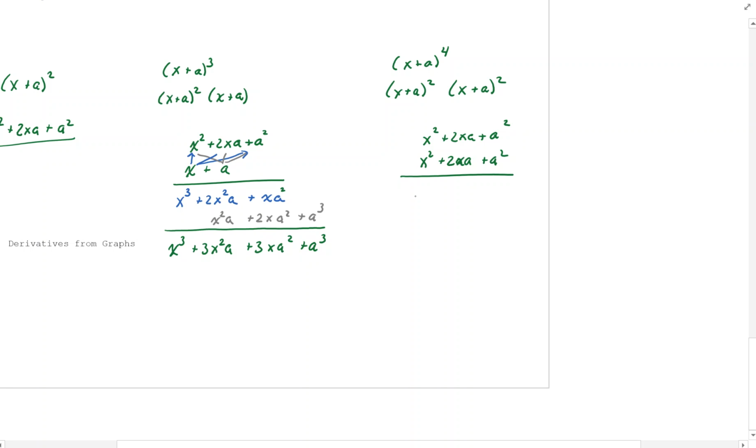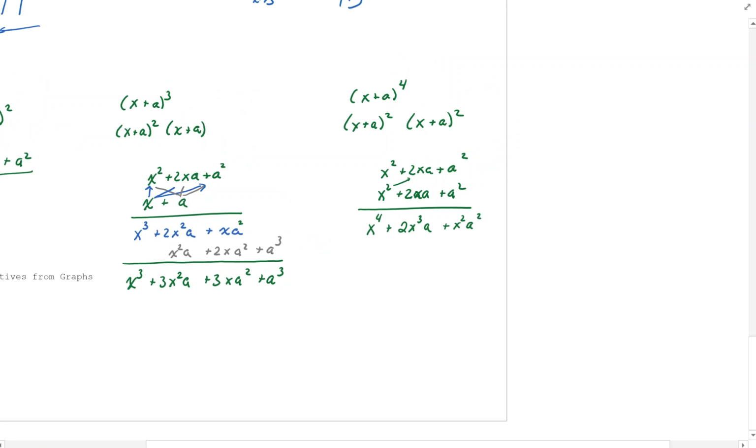So x squared times x squared is x to the fourth. x squared times 2xa gives me 2x cubed a, and times my last term is x squared a squared. Then I move to the next term. The 2xa times x squared is 2x cubed a, then 4x squared a squared, and 2xa cubed.